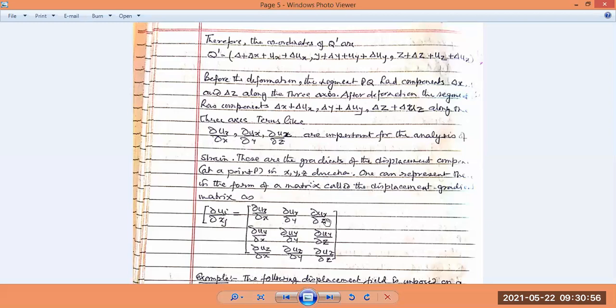This is for delta u_x, this is for u_y, this is for u_z. So as a whole, it can be written as delta u_i, where i stands for x, y, and z and alternates in a regular fashion, and delta x_j, where j stands for 1, 2, 3, etc.